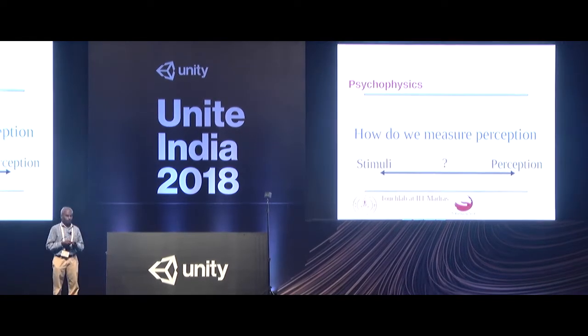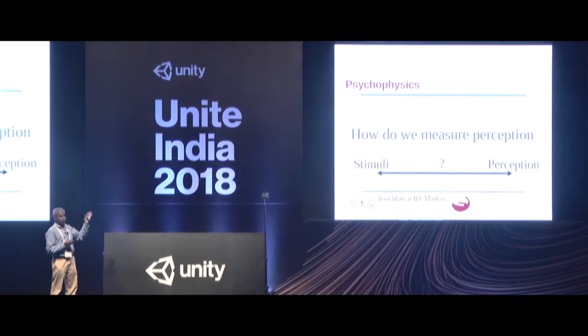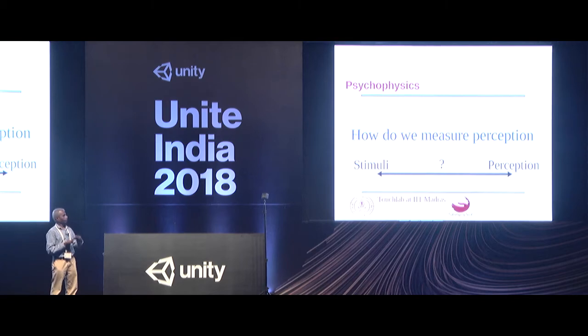Yeah. So, psychophysics is nothing but a measure of perception. Unless we measure perception, we cannot design better systems. Measurement is the first step in any engineering or even science, right? So, how do we measure perception? Perception is a mental event. It is not a current or voltage or weight or some physical thing, right?